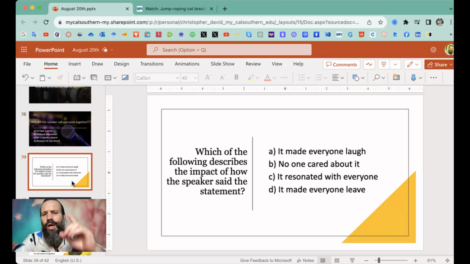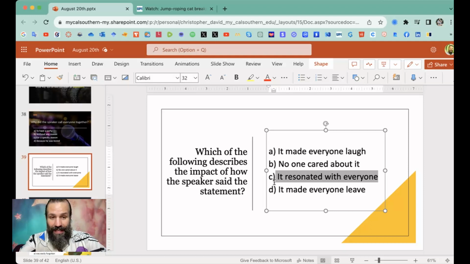And then we say, which of the following describes the impact of how the speaker said the statement? It made everyone laugh. No one cared about it. It resonated with everyone. It made everyone leave. Again, based on the context of just the sentence, we could say it resonated with everyone. He didn't know the word resonated, but he was able to say that the other three weren't true, so he knew it was this.